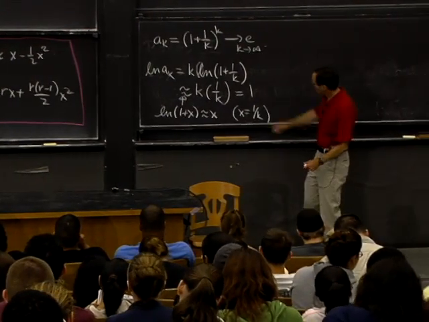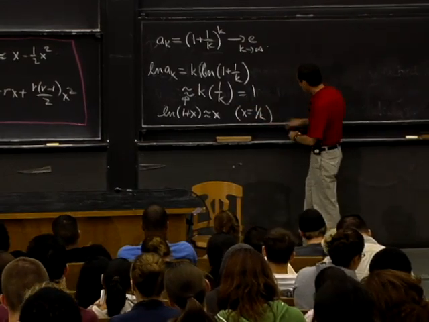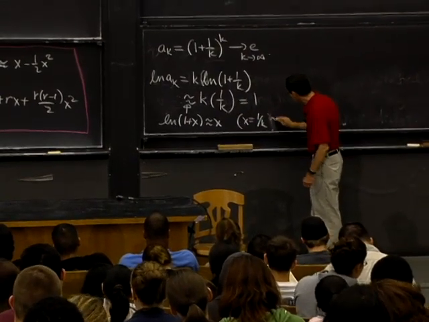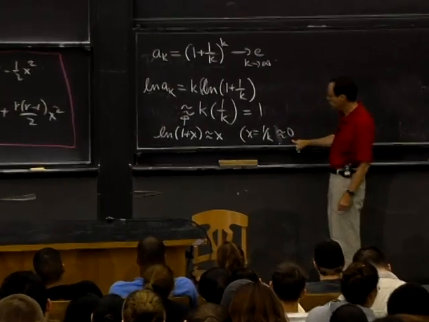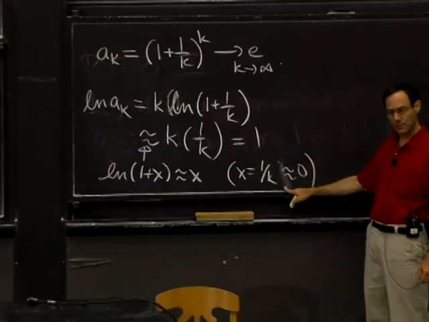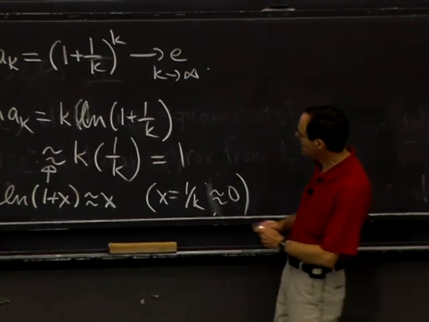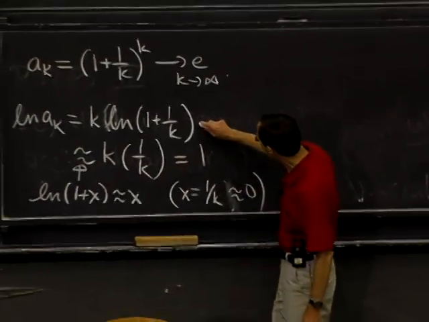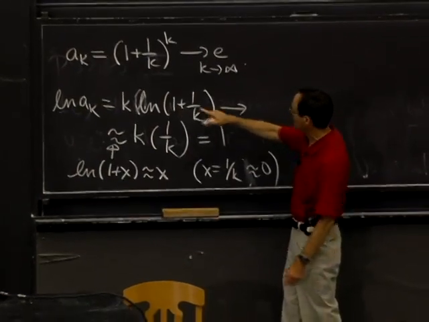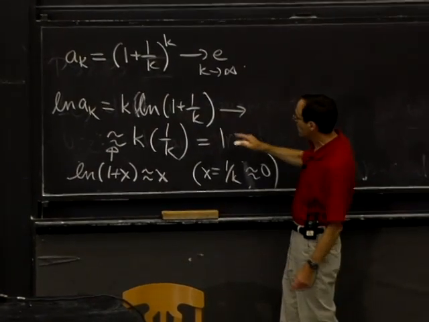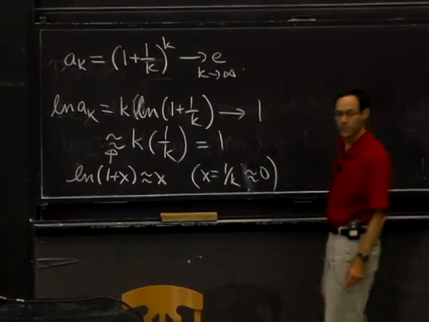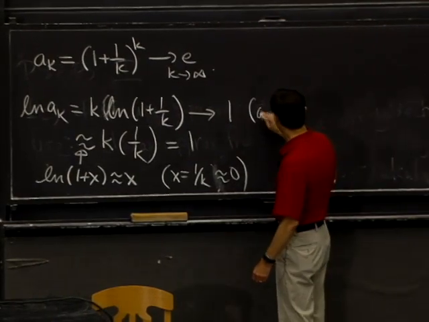That's the same. Well, so where does this work? This works where this thing is near 0, which is when k is going to infinity. This thing is working only when k is going to infinity. So what this approximation formula is really saying is that as we go to infinity in k, this thing is going to 1.